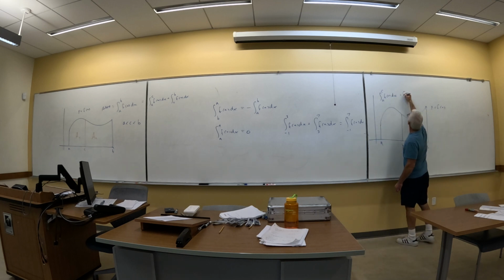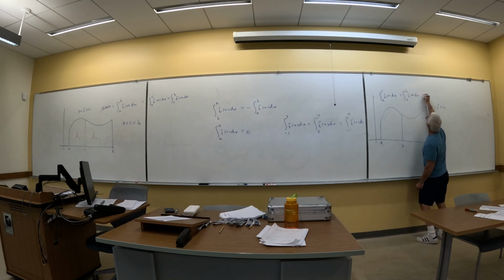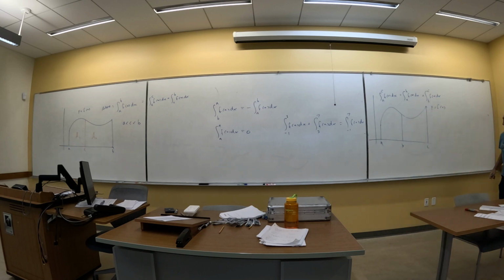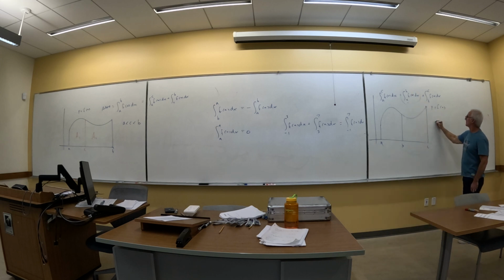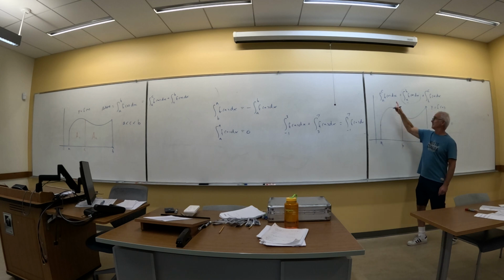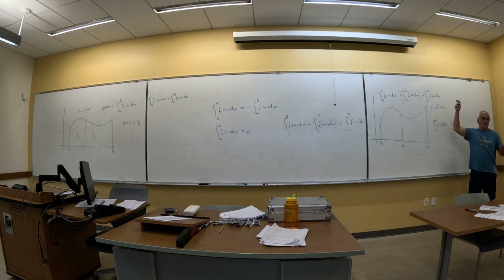And it should equal the sum of the two smaller areas. Can you isolate this one? Well, if I isolate that one, what will it be? It'll be this one minus this one.